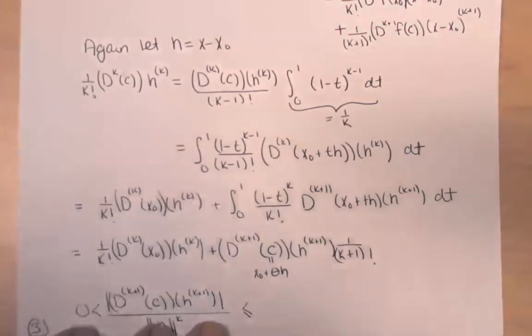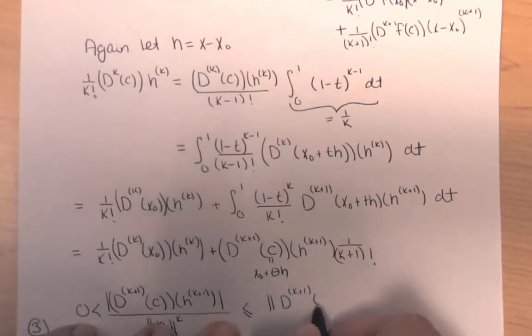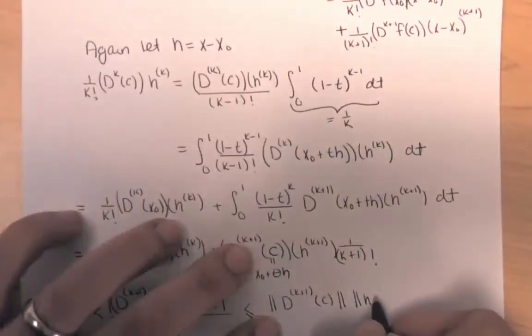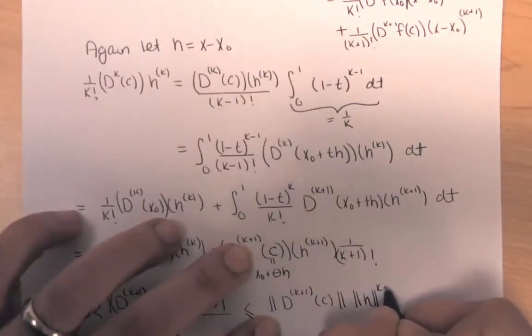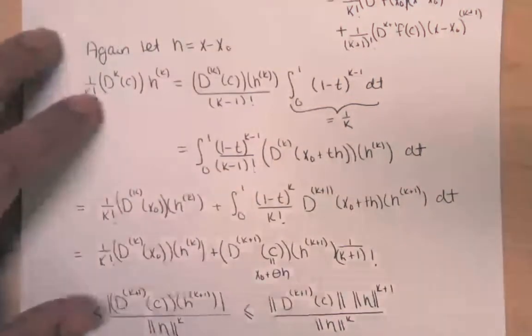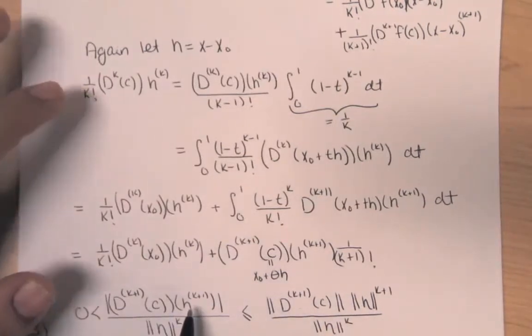And this is less than or equal to the norm of d to the k plus 1 of c times h to the k plus 1 divided by h to the k. Now, why can I say that this is true? Well, because this is a linear operator.